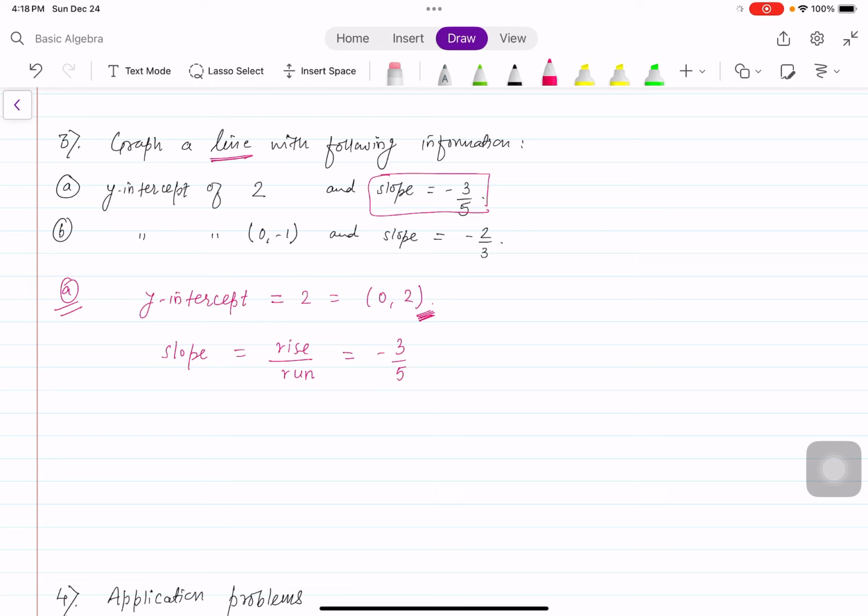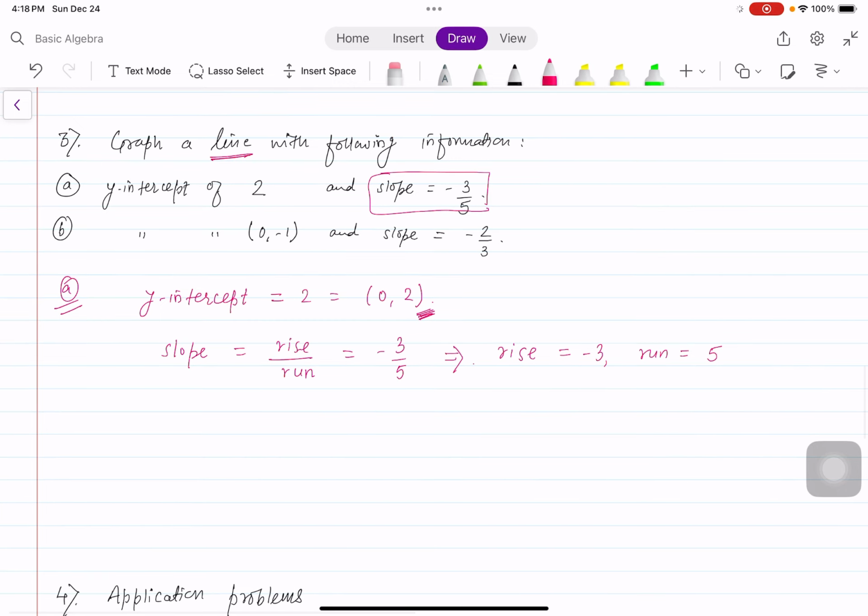So let's use this slope to find rise over run. This implies you can assume that rise is -3 and run is +5. You can also choose these values the other way around. If you choose this to be +3, you have to choose this to be -5. The final point you obtain from this rise over run is the same.